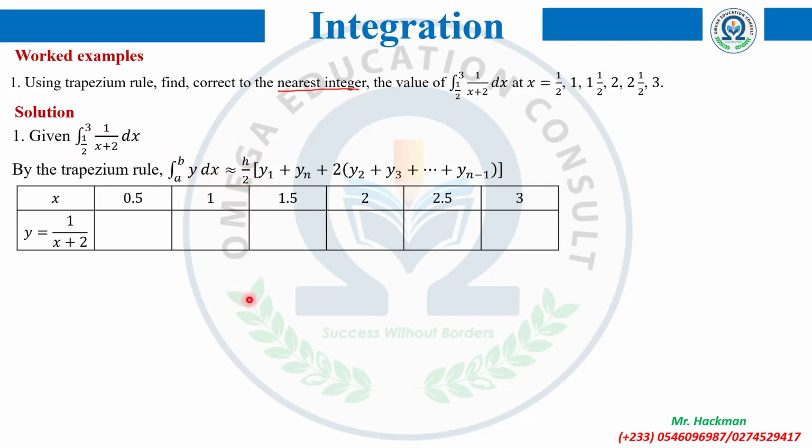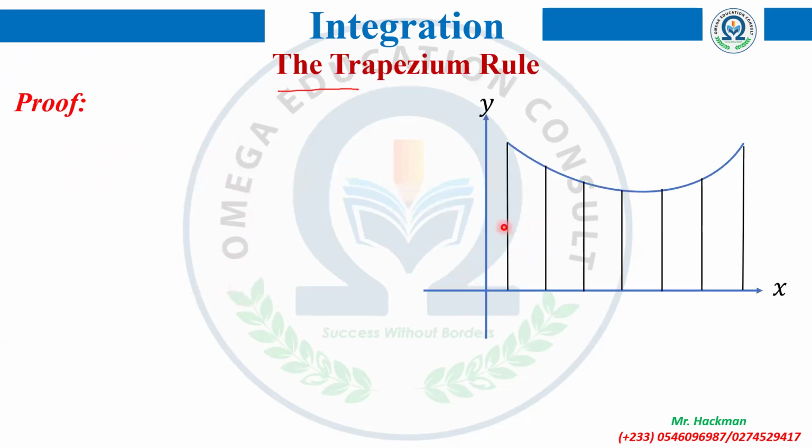And your h, let me see if I can go back a little. Your h usually is the height, that's the distance between your ordinates, the height of your equal strips.